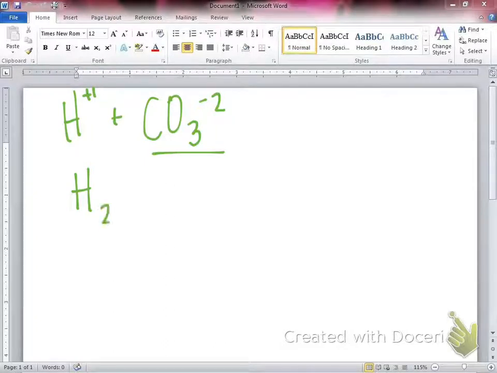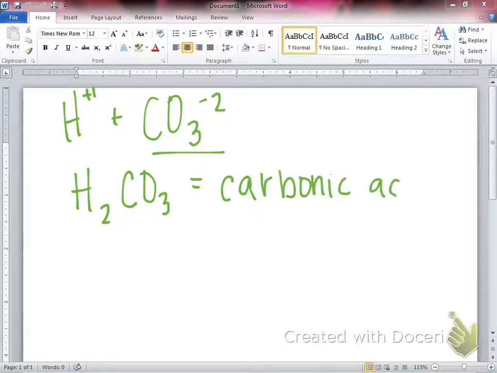We need 2 hydrogens to balance out our carbonate polyatomic ion. So we're going to have H2CO3. And this would be called carbonic acid. Very good. Carbonic acid.